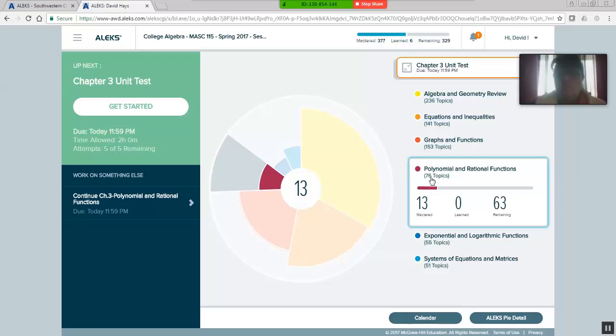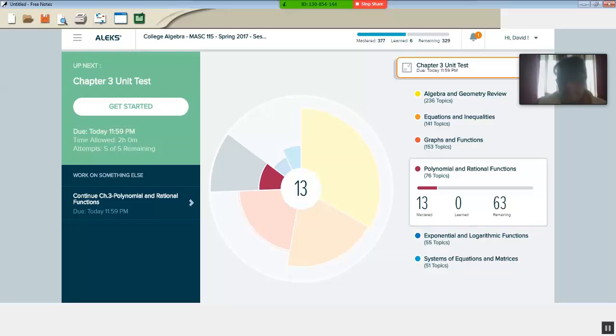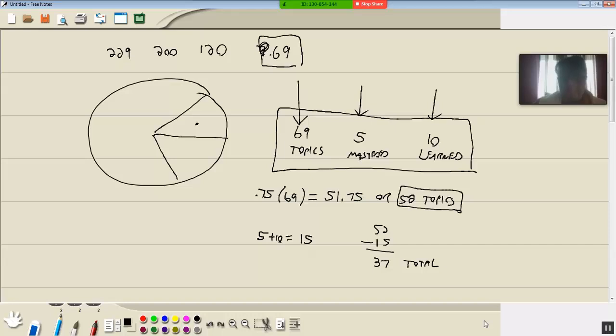The topics is across the top here. It says 76 topics. And this tells me how many are remaining. I swear the one I sent you, the actual number of topics is over here. But maybe I was looking at it wrong. But yeah, then you see how this says you got 13, 0, and 63.